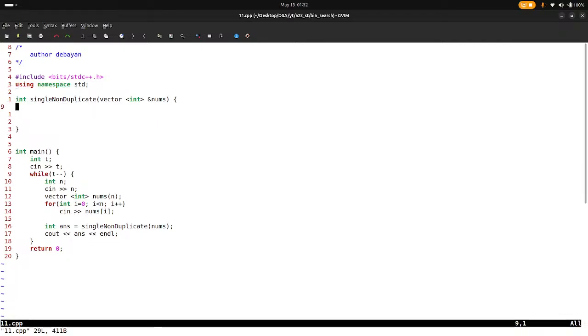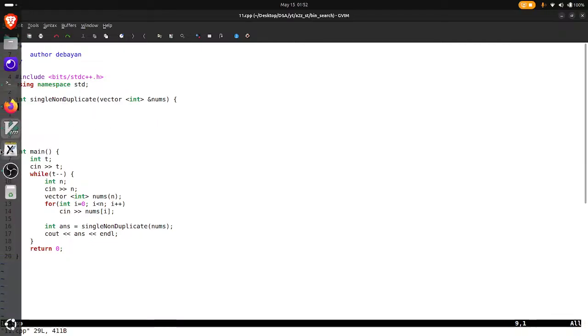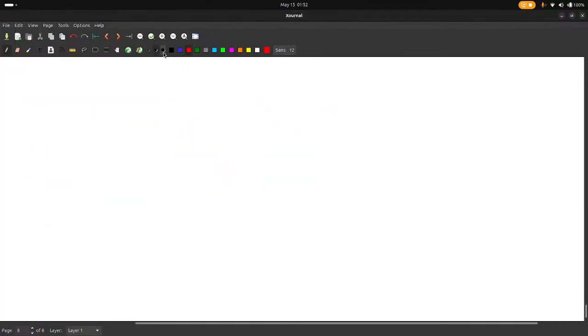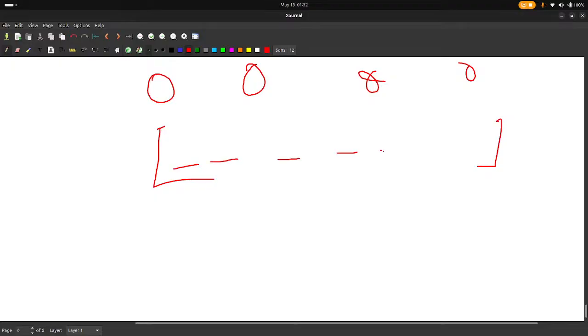Okay, makes sense. So basically I have an array where everything appears twice, and I need one element. The first solution that comes to my mind is XOR. Why XOR?